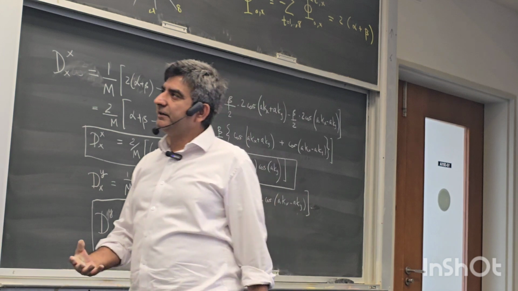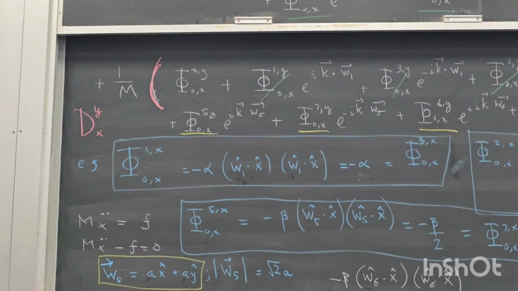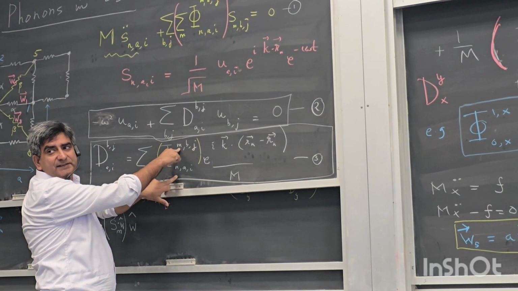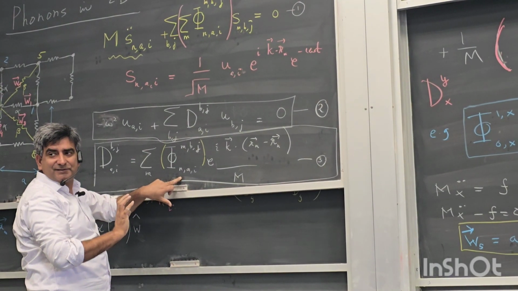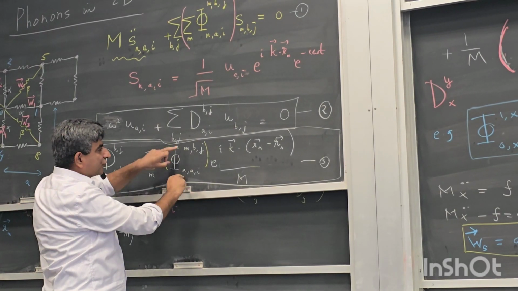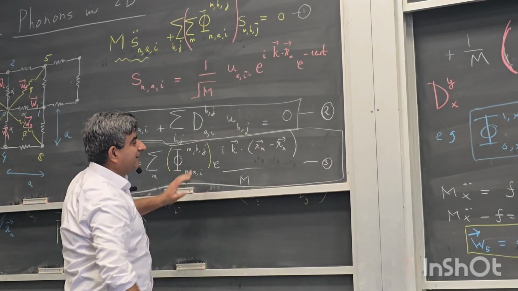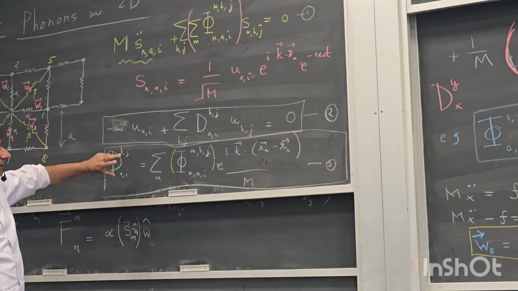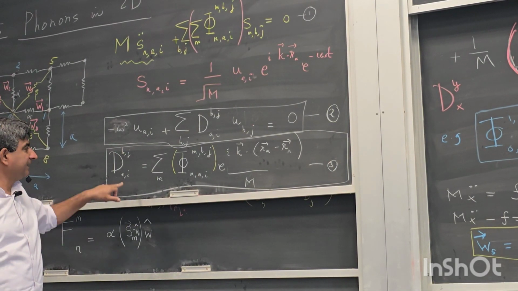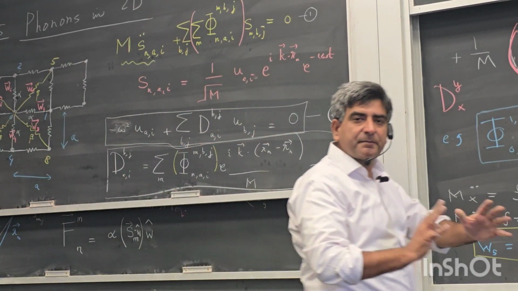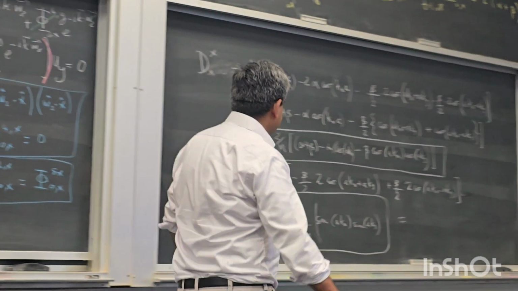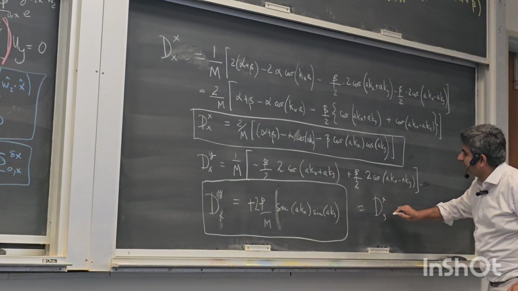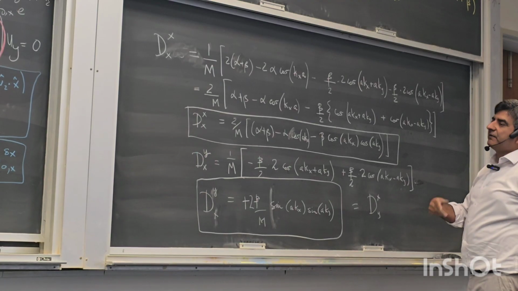And you can immediately see that this will be true if I were to swap this n and m. It's a symmetric force. If I swap these and I swap these, the result would still be the same. So swapping A and B doesn't change this dynamical matrix element. In other words, the dynamical matrix element is symmetric. So this would be the same as dyx. I only need to compute dyy.